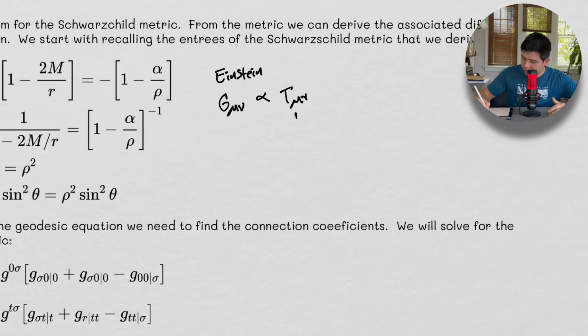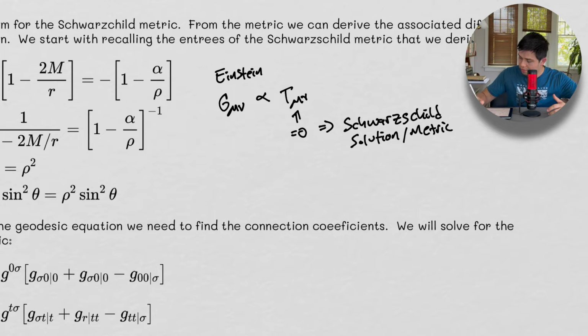From there, when we set this guy equal to 0, we effectively get a Schwarzschild solution or metric.